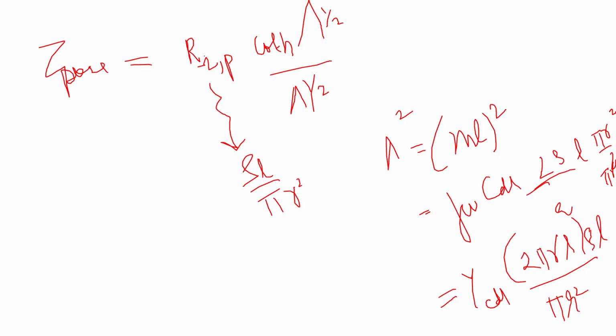Then finally you need to know what is Z total. So Z total, that is the total impedance, is nothing but Z pore, the impedance of the pore, divided by N, the number of pores, plus R solution.